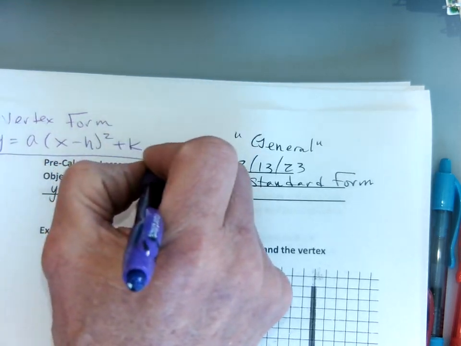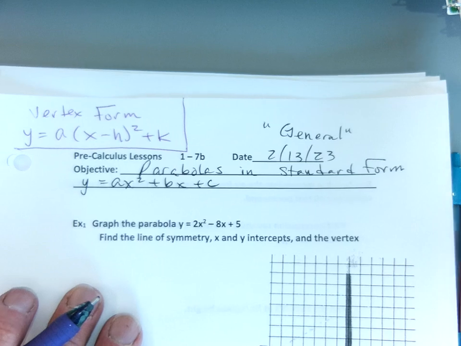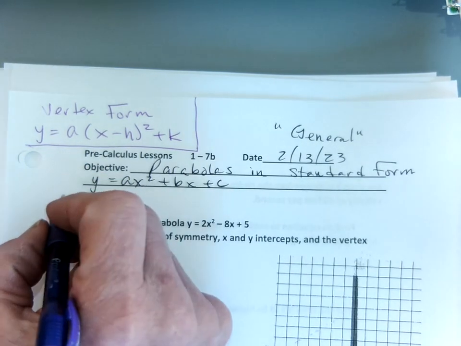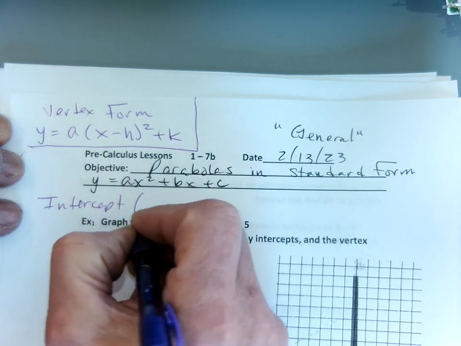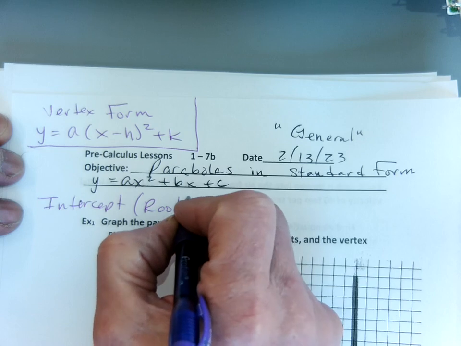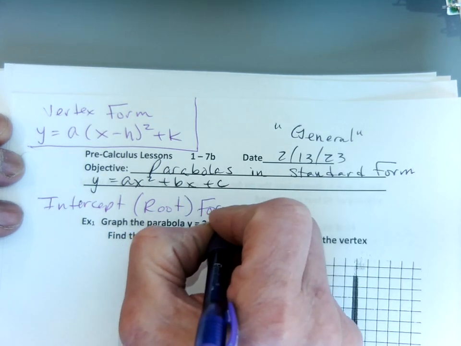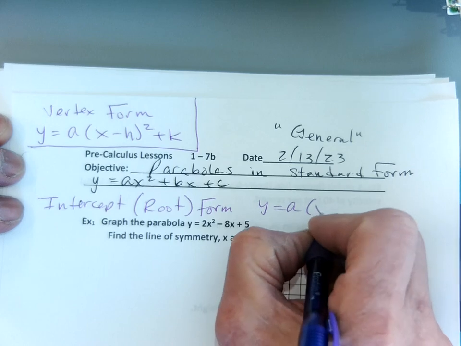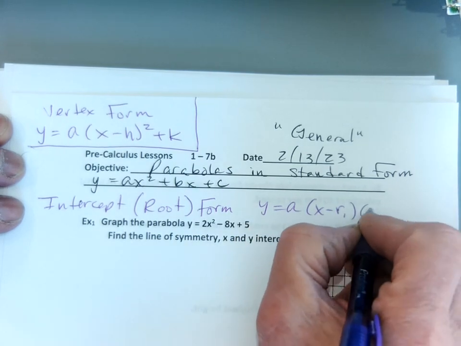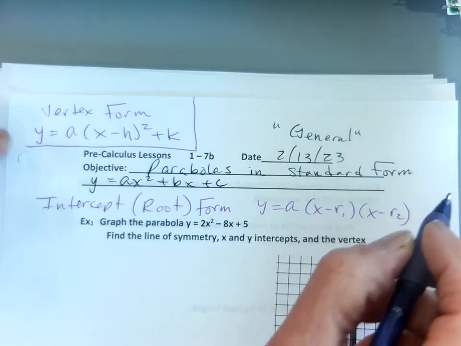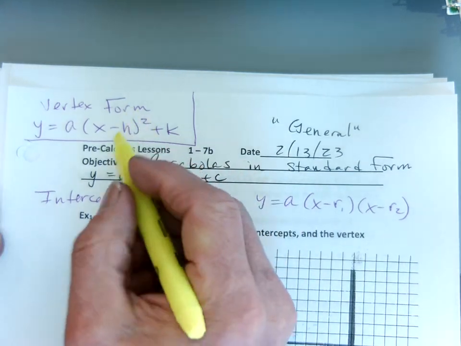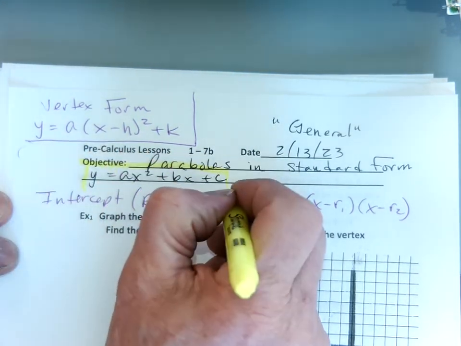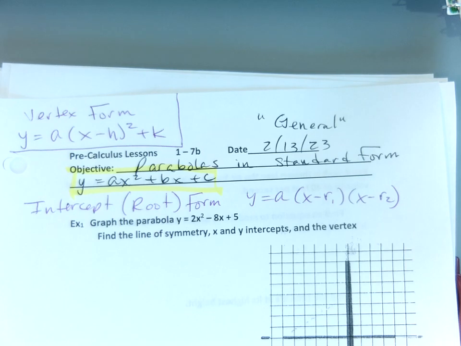And then we also talked about intercept form, or root form, which was y equals a times x minus r1 times x minus r2. Those are pretty easy forms, okay? But today we want to talk about standard form, which most parabolas are going to be given to us in. It's not difficult. There are some things that make it really easy.